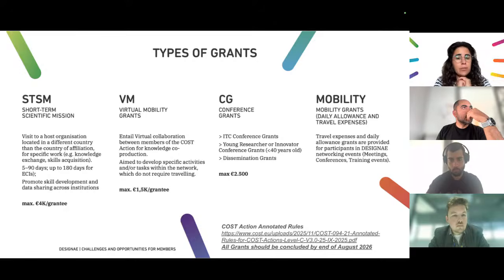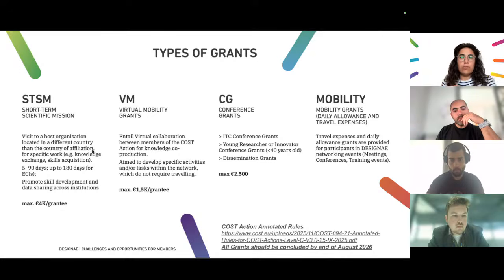As previously said, we have different types of grants. Short-term scientific missions aim to perform a specific activity, a research activity, knowledge exchange, or skill acquisition in a different institution. One of the rules is that the host organization should be located in a different country than the country of affiliation.